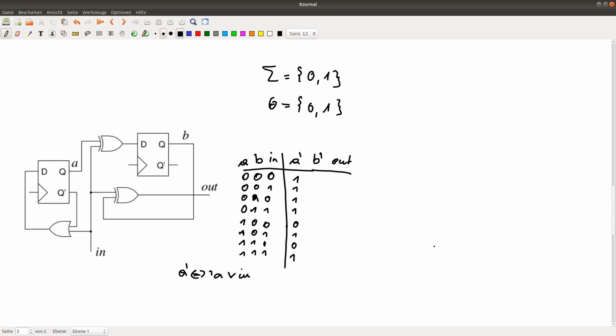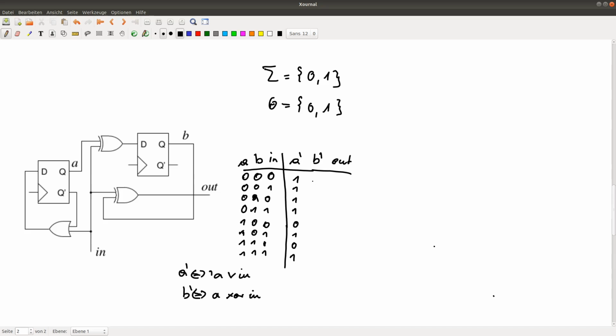Then we have B prime. How is B prime defined? B prime is A XOR in. Okay. Let's check. We have A here, and we have in here, so we have A XOR in.